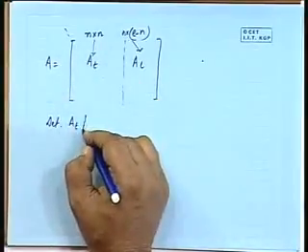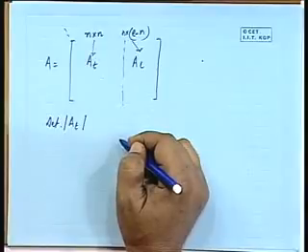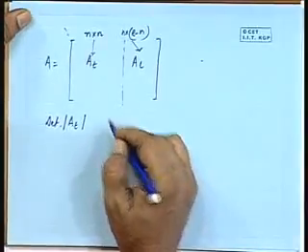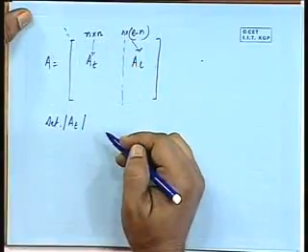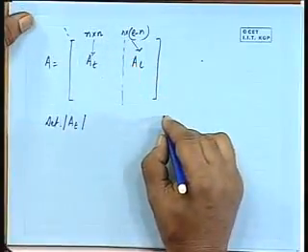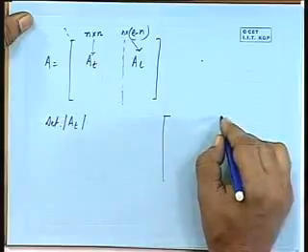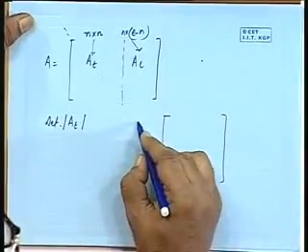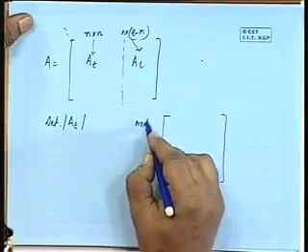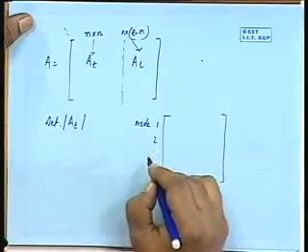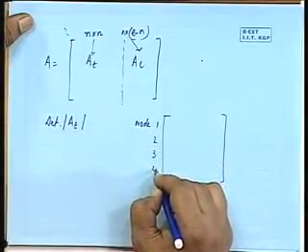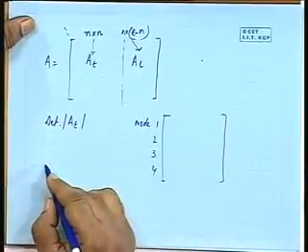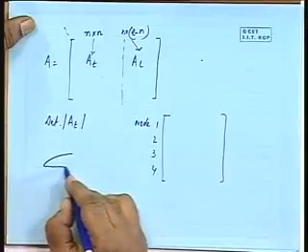And what is this determinant of AT? It consists of plus 1 and minus 1. Suppose we arrange the tree elements in such a way, this is node 1, 2, 3, 4. Suppose this is a tree.